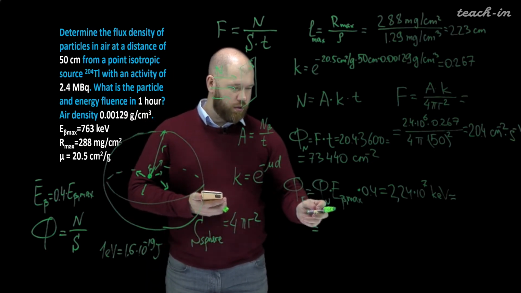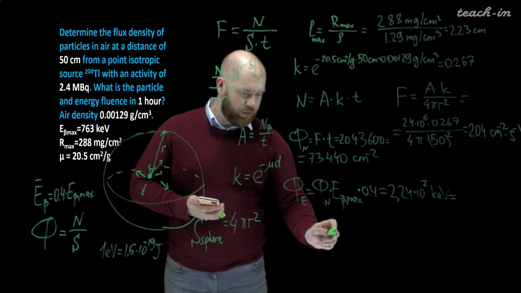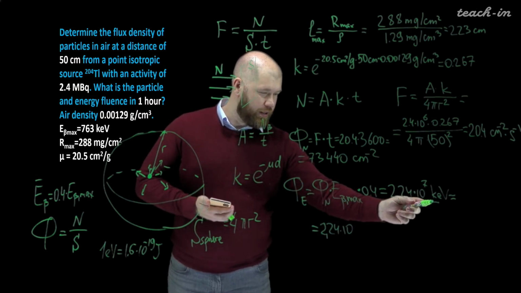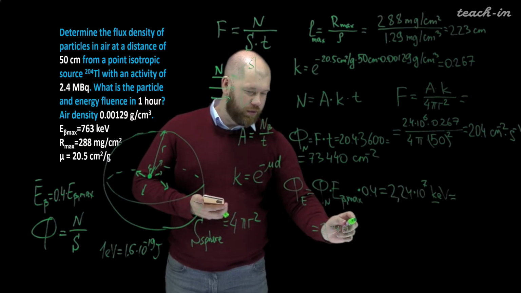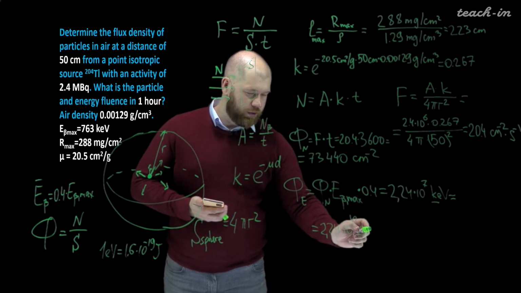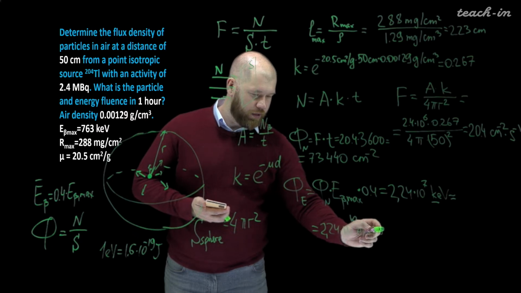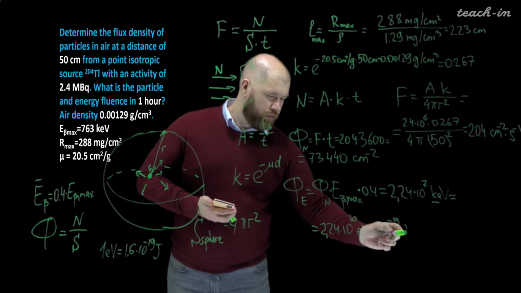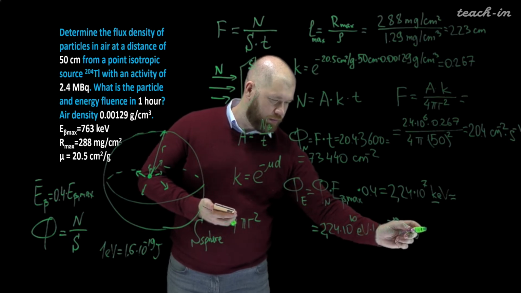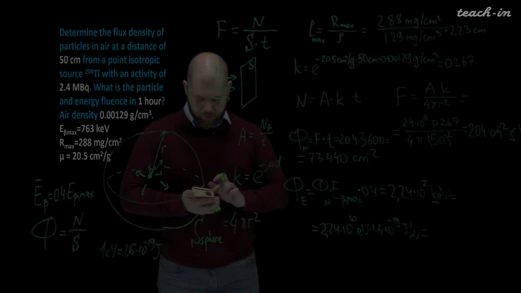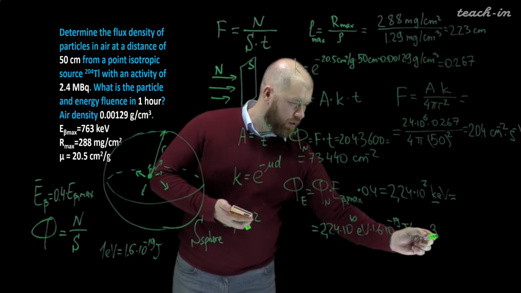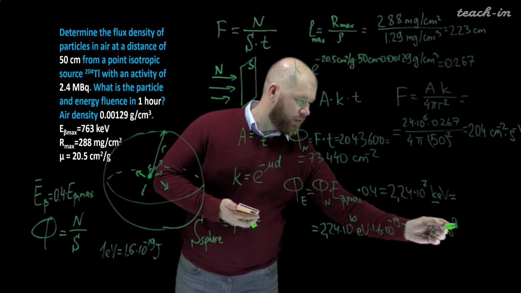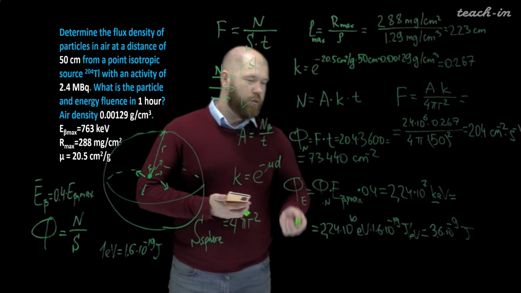So as far as it is in kiloelectron volts, I will convert it just in electron volts, and we multiplied it with 1.6 times 10 to minus 19, so joule per electron volt, and it will be 3.6 times 10 to minus 9 joule in 1 hour.